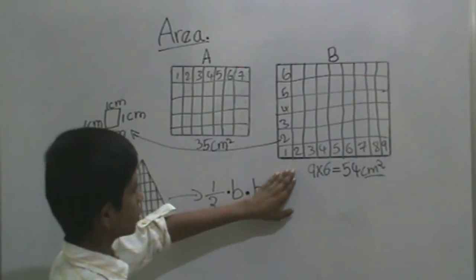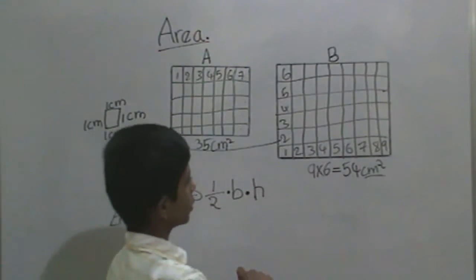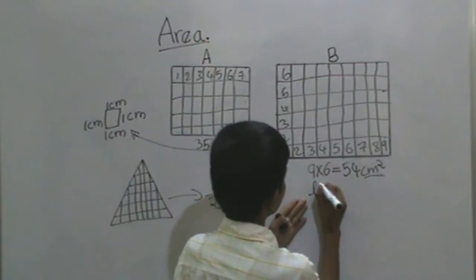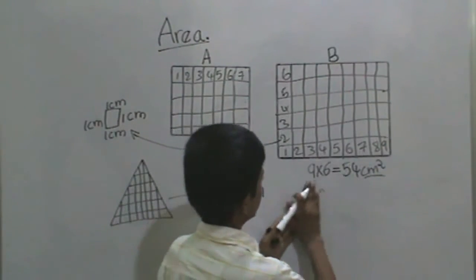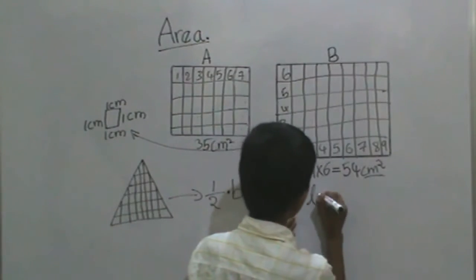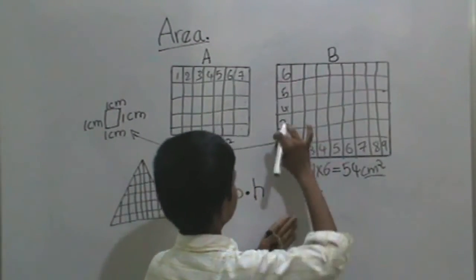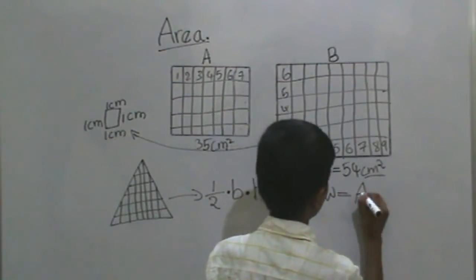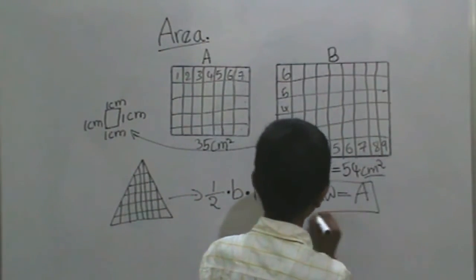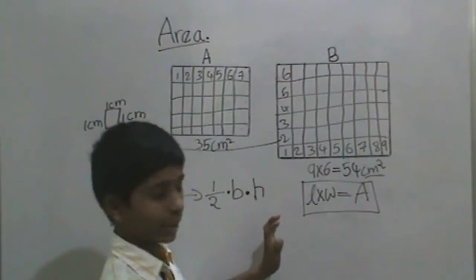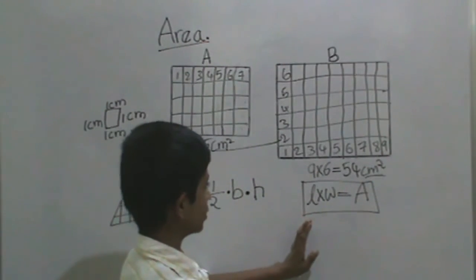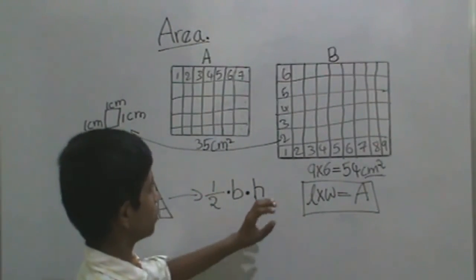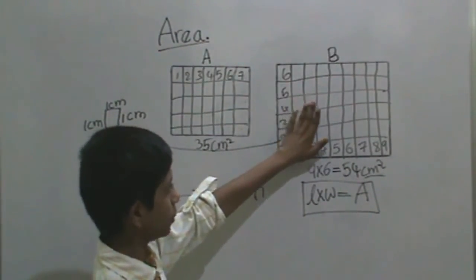For this rectangle too, you have a formula. 9 is the length here, so that's the length times 6, the width, equals the area. This is the formula for the area of a rectangle. So the area is the amount of space occupied by the object or a shape.